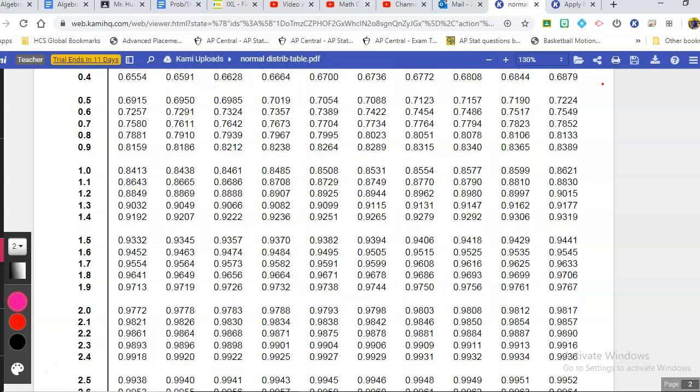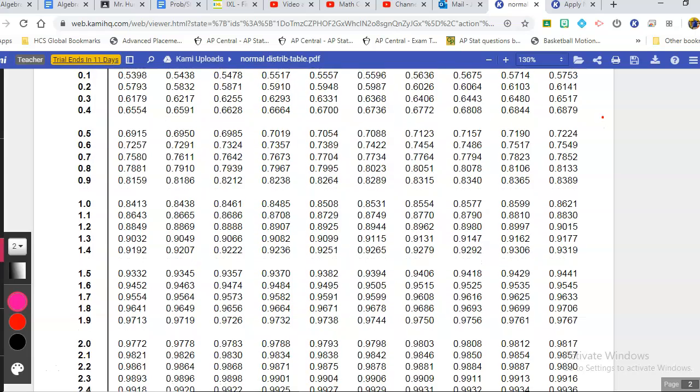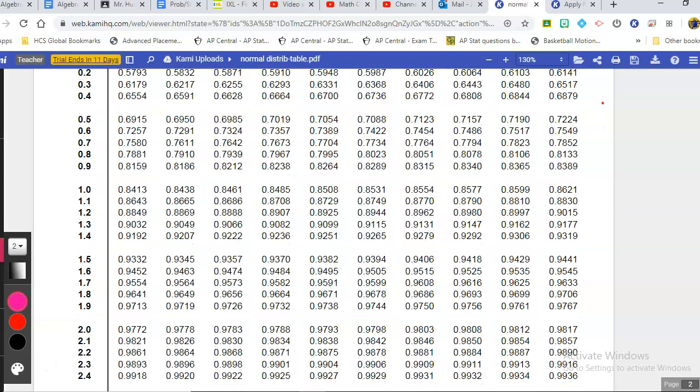So you can see these are in numerical order, and the closest thing that I can find to 90% is 0.8997.